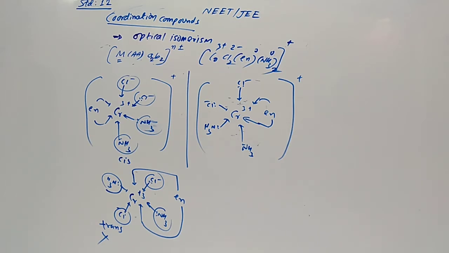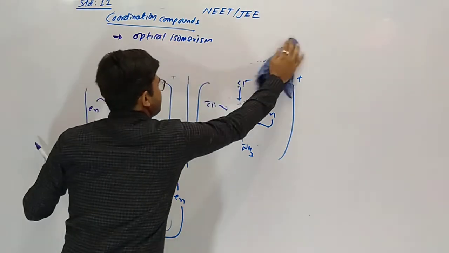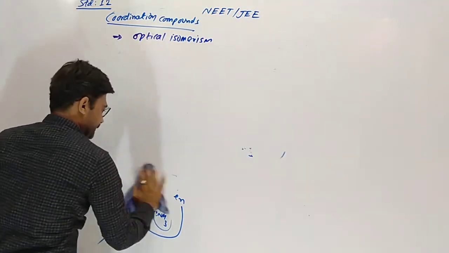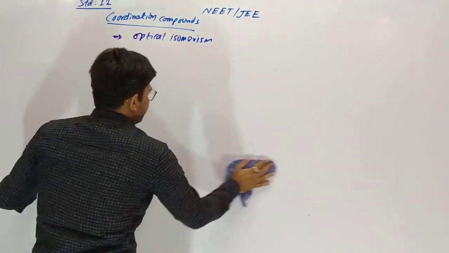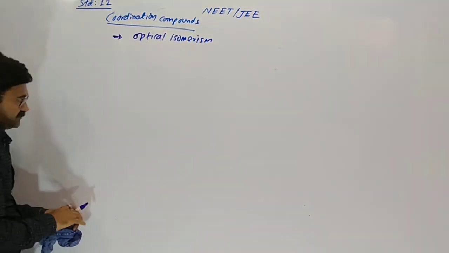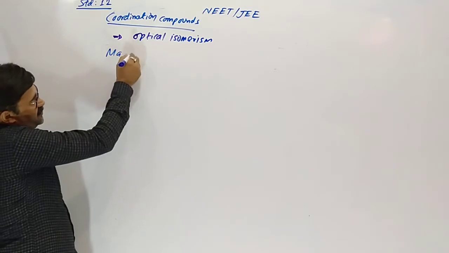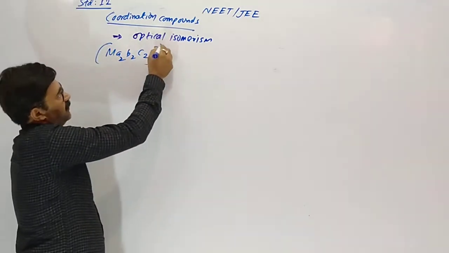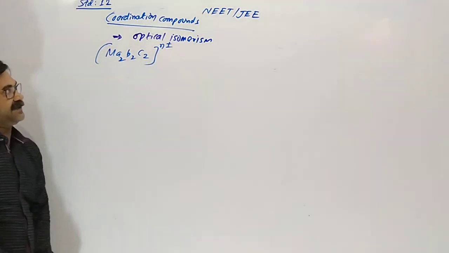Now another case, all the 6 ligands are monodentate. So A2, B2 and C2, which is optically active, yes. Due to its structure, which is also optically active, here all the 6 ligands are monodentate.